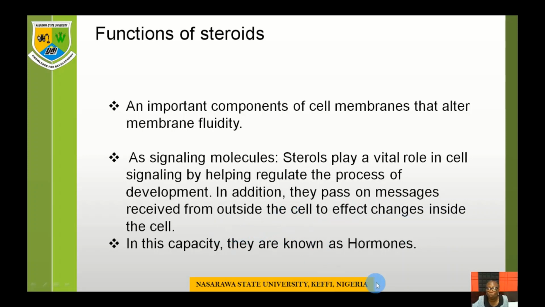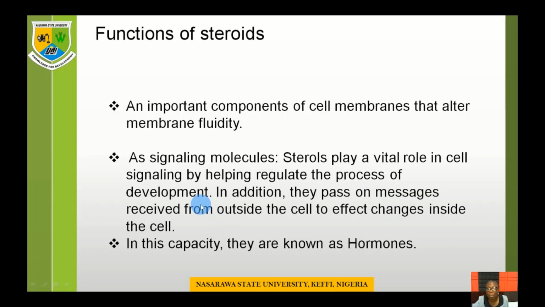These steroid hormones are synthesized from cholesterol, and what they do is pass messages from outside the cell to inside the cell to effect some changes. The changes they are effecting could be to regulate the process of development.